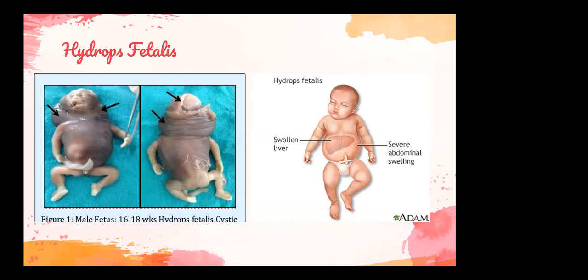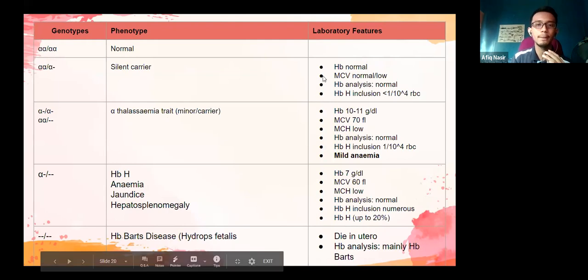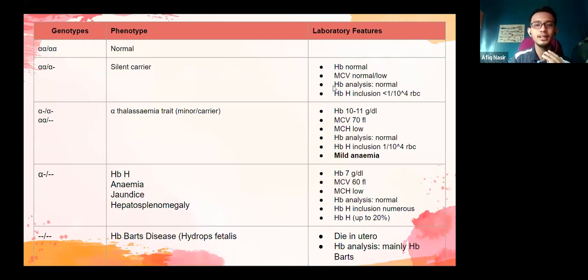Okay, alright, proceed. Moving on to the classification of alpha thalassemia. Alpha thalassemia is divided into silent carrier, alpha thalassemia trait, HbH disease, and Hb Bart's disease. In the silent carrier, there is a normal hemoglobin level. So everything appears normal because the silent carrier is asymptomatic.